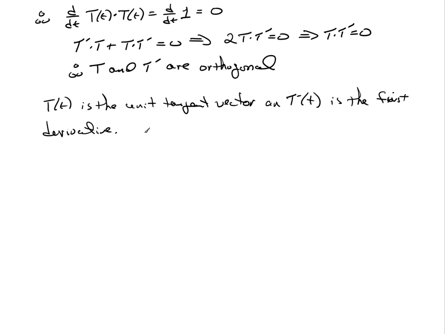This principal unit normal vector is really nothing more than taking the derivative of the tangent vector and turning it into a normal vector. So that's why we define it as T prime of t over the magnitude of T prime of t. So this N of t is in fact a unit vector.